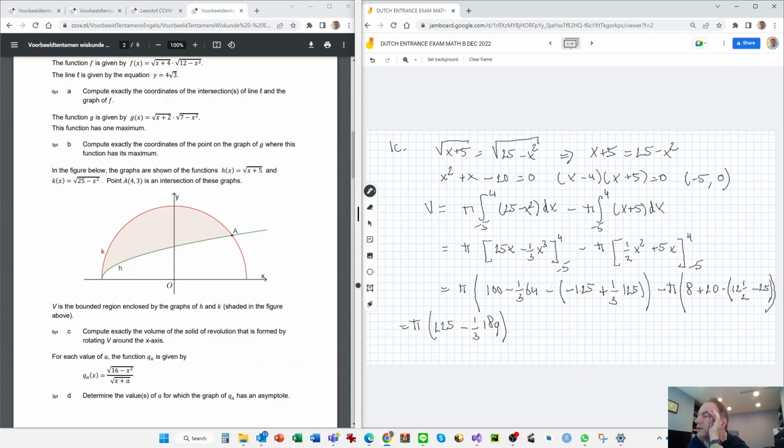And here I get minus pi 28, but this combined is minus 12.5. So it's 28 plus 12.5. It's 40.5.